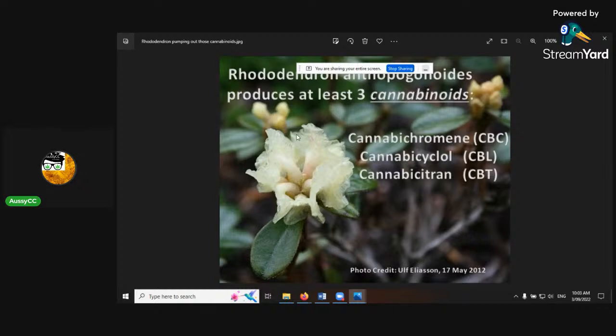This is rhododendron flowers, and this strain is called rhododendron cannabinoides. So it's the genus and the species. If you get this right, especially this one, it produces three cannabinoids: CBC, CBL, and CBT.